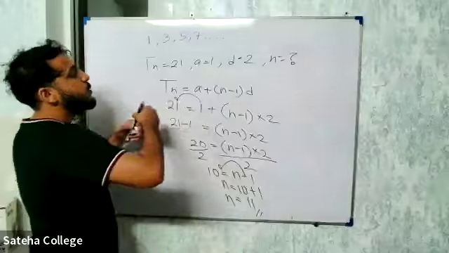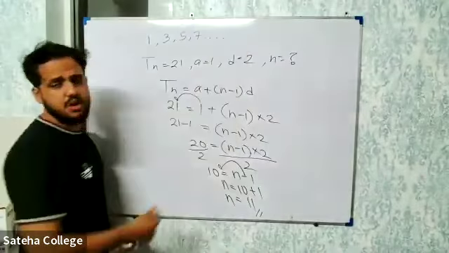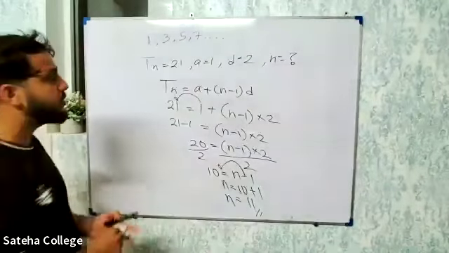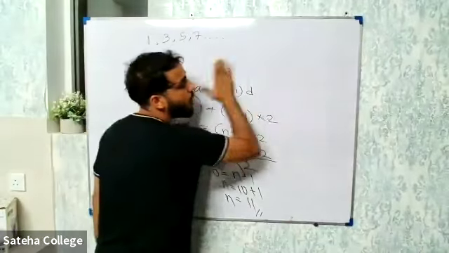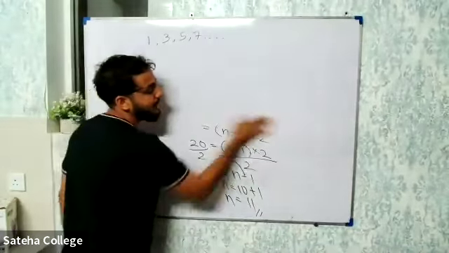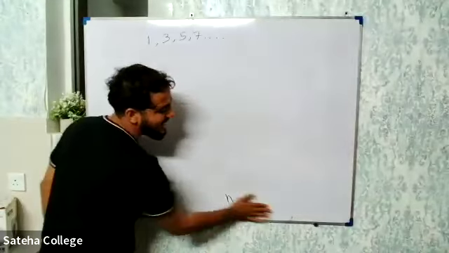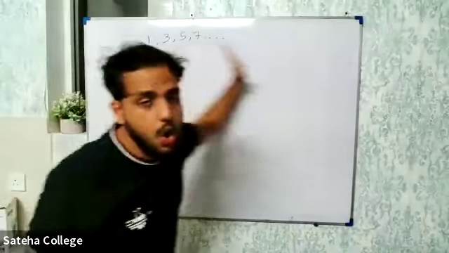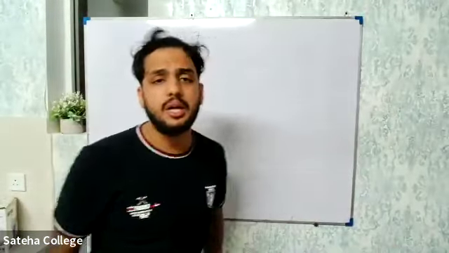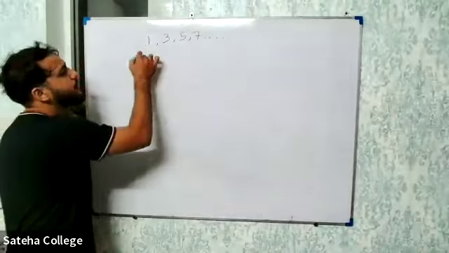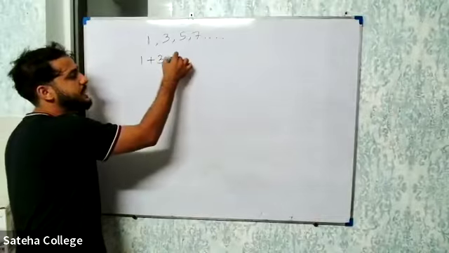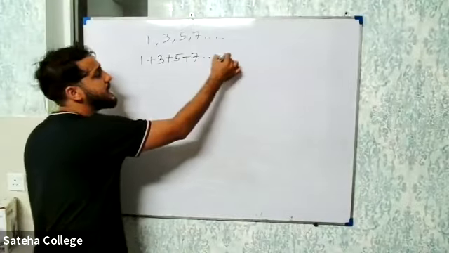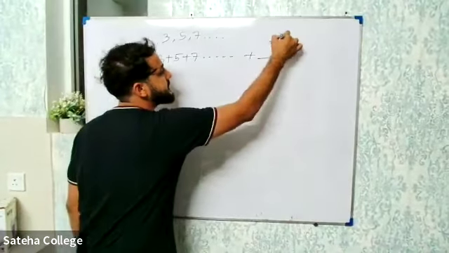So without the equation, we know we have an equation to add all the terms in the arithmetic progression. Now, without the equation, what should we do? We have to add the first term to the second term, third term, until the 26th term.